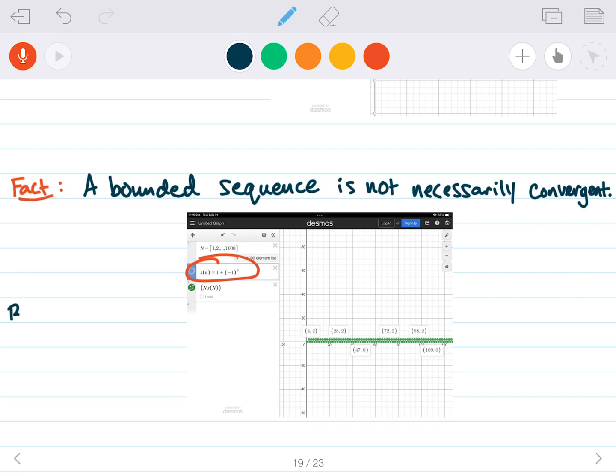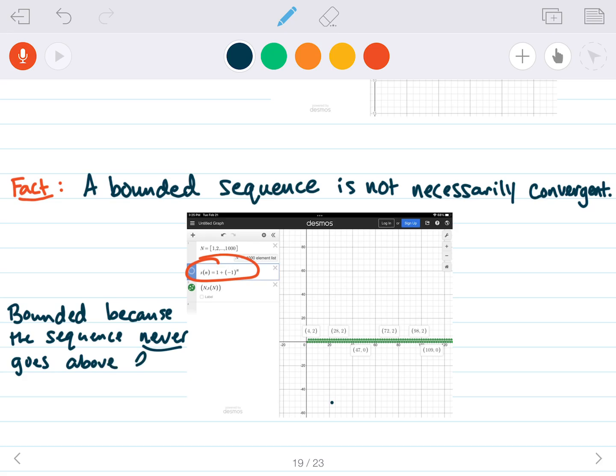So, bounded because the sequence never goes above 2 and never goes below 0, right?